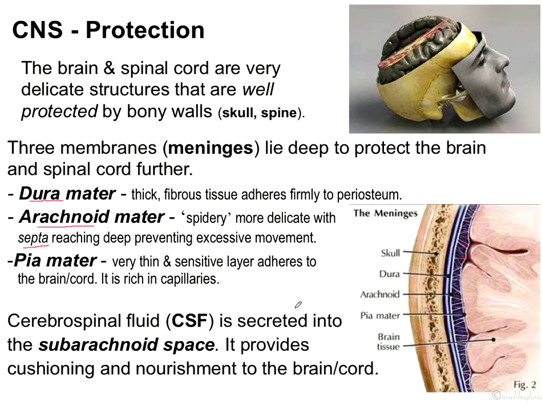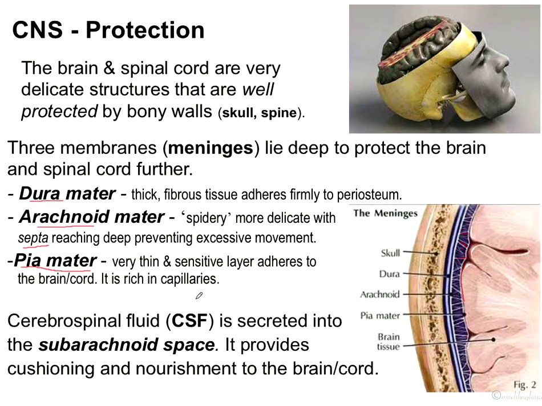And then on the innermost area, you can see it right here on the brain. That thing is the pia mater, right there. Mater means mother. And that's a very thin and sensitive layer that adheres straight to the brain and spinal cord, and it has a lot of capillaries in it, which makes sense, feeding the brain from the outside that way.